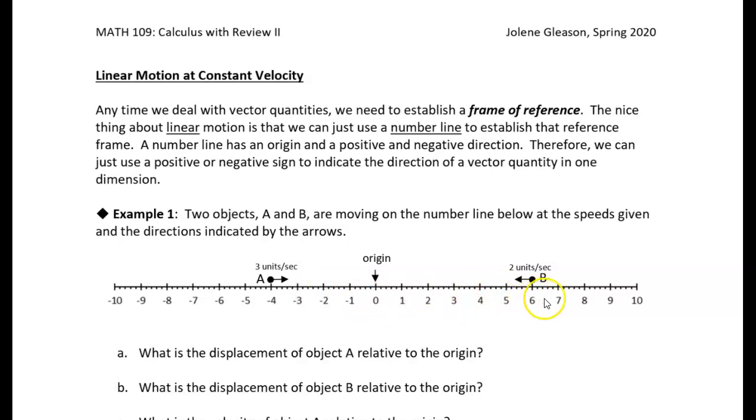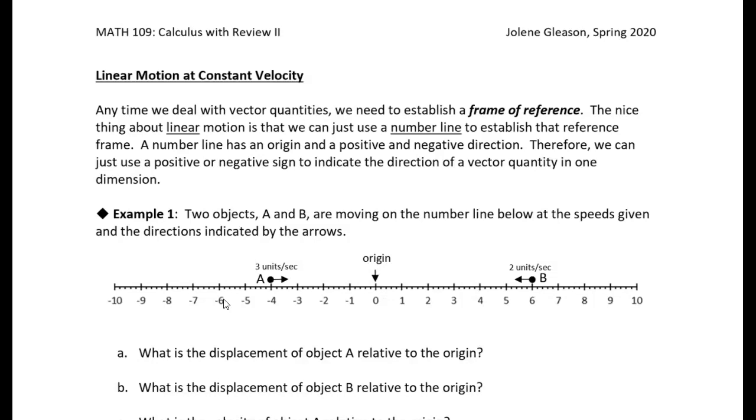So positive 6 means we're to the right of the origin if we have our number line set up this way. And if we're down here at negative 6, then we're to the left of the origin. So the number line makes vector quantities easy because we can just use the positive or negative sign to indicate direction.